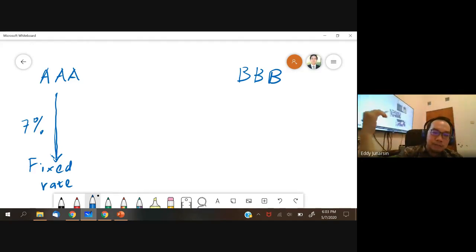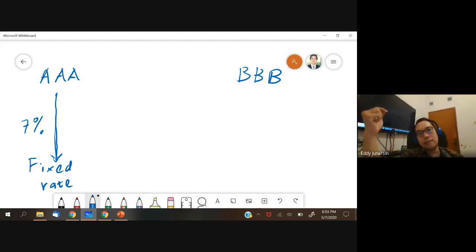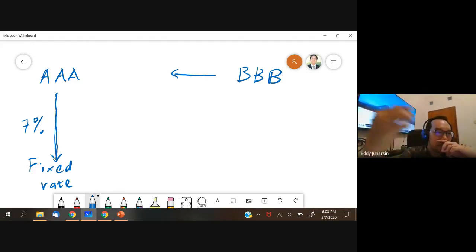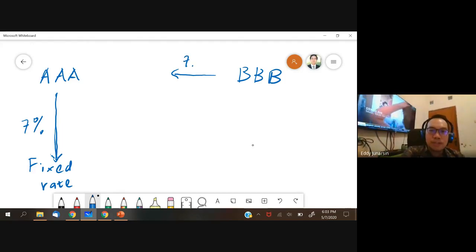Because of the different ratings, the triple A firm will have a higher bargaining position. So it might ask the triple B firm to pay slightly more, based on negotiation for mutual benefit, maybe 7.35.